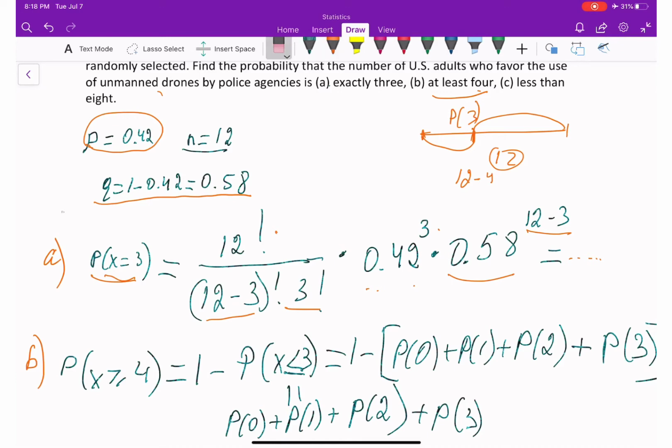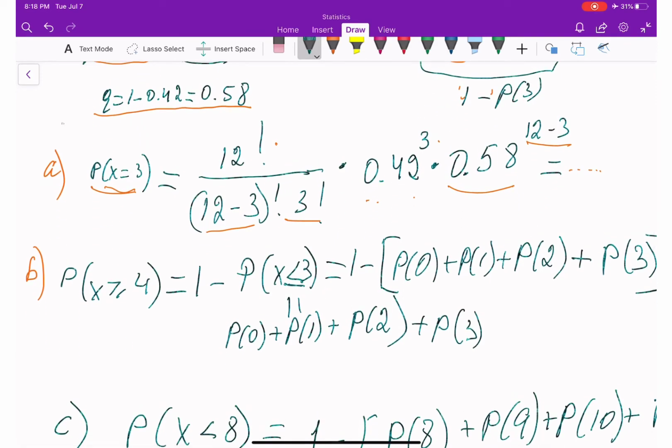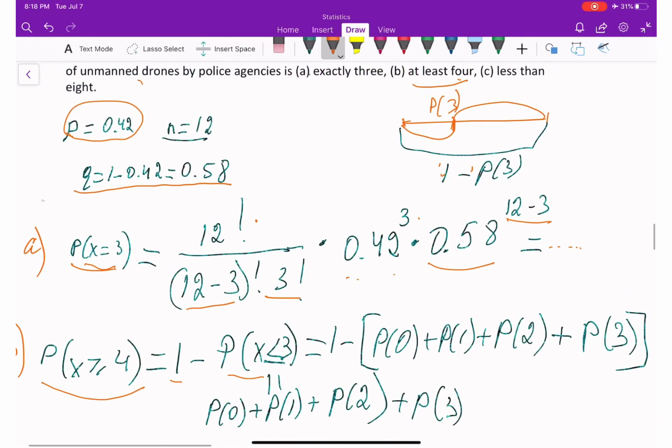And here I will have 100%. This whole piece is 100%. So I have to do 1 minus whatever probability I have left. For x greater than or equal to 4, it's easier to do 1, meaning 100%, minus the probability of 3 and below, and I will get the probability of x greater than or equal to 4, this piece.